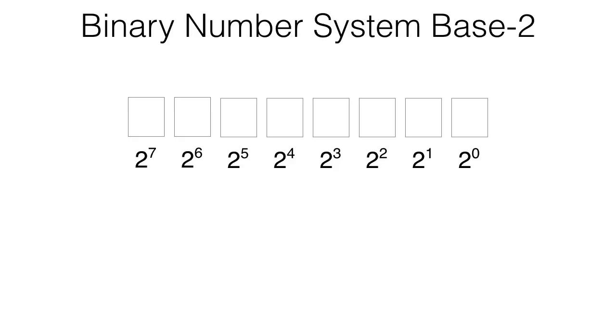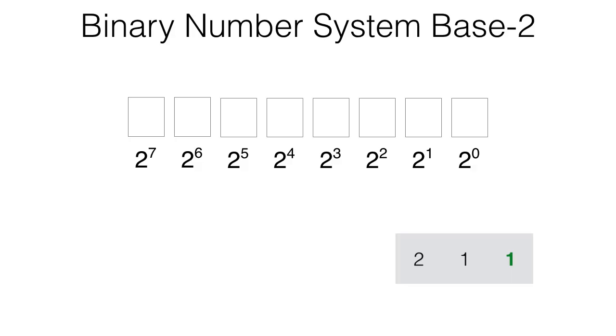Let's walk through, and we're going to look at each one of the values as we go. I just want to make sure that you understand what positional notation is. So if I go in each one of these boxes and put a 1 in each box, what's it going to equate to? 2 to the power of 0, we just talked about, that will be a 1. 2 to the power of 1 will be a 2.